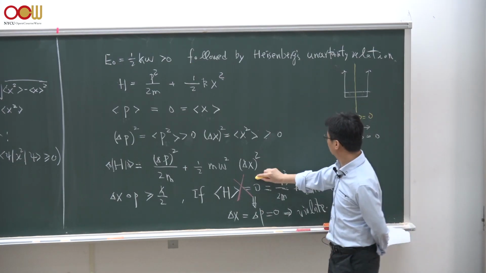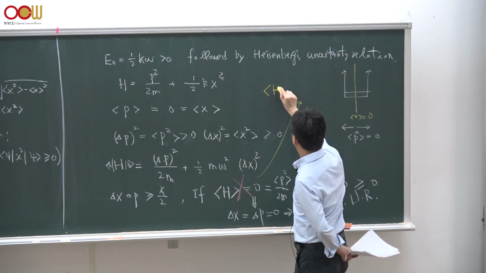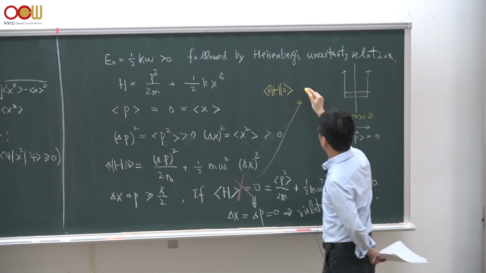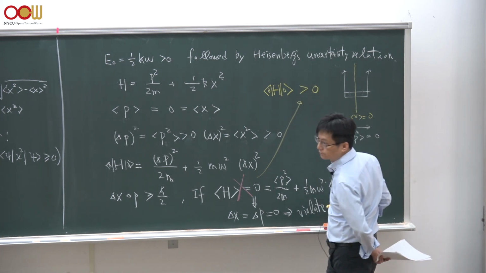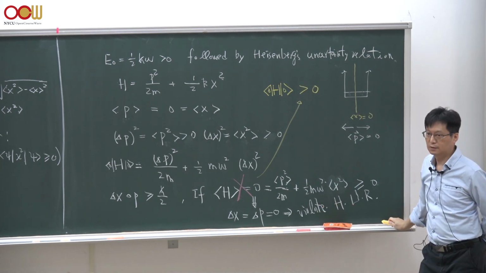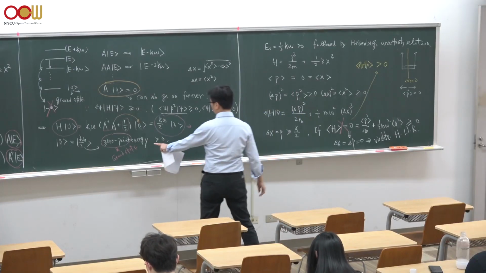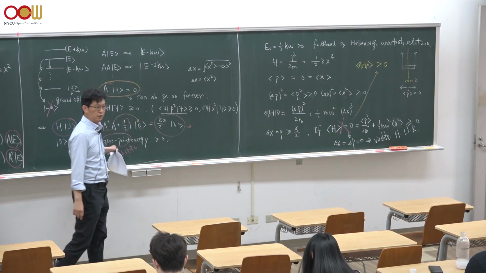Okay, so instead, the expectation value of a Hamiltonian in the ground state should be positive. Okay, so this is consistent with what we find, that the 0 point energy is positive.